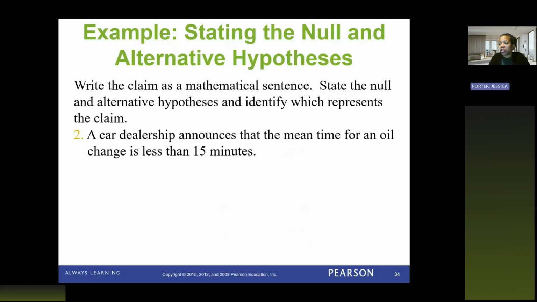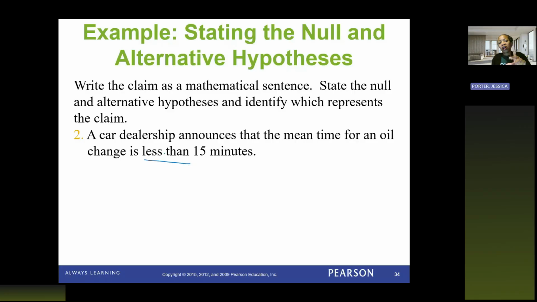All right, a car dealership announces that the mean time for an oil change is less than 15 minutes. What's my inequality symbol here? Right, we've got this, less than 15 minutes.